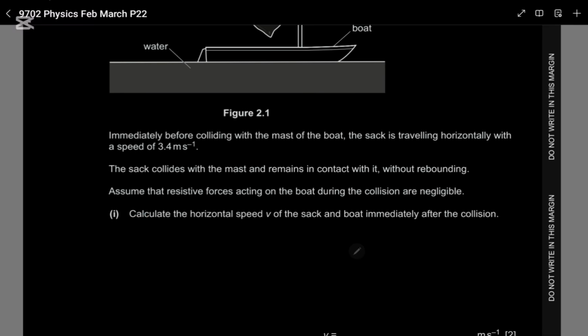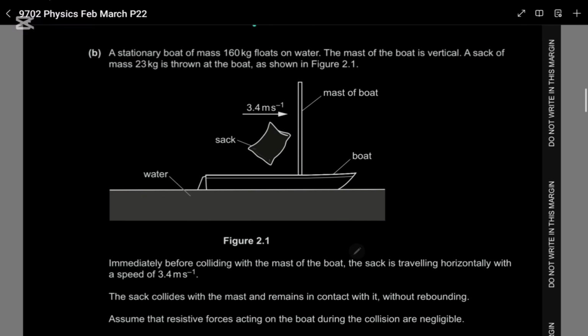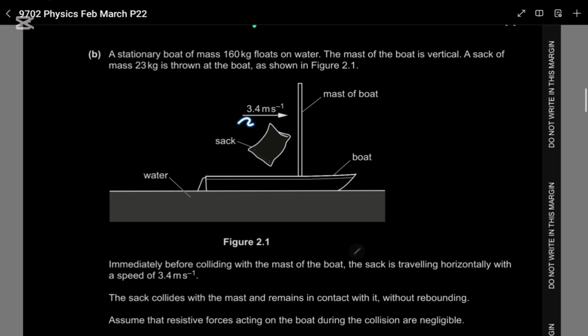Part I says calculate the horizontal speed v of the sack and boat immediately after the collision. Alright, by the way, the sack collides with the mast and remains in contact with it without rebounding, okay. So before, the sack was moving towards the boat, okay, the mast of the boat, and the boat was at rest.